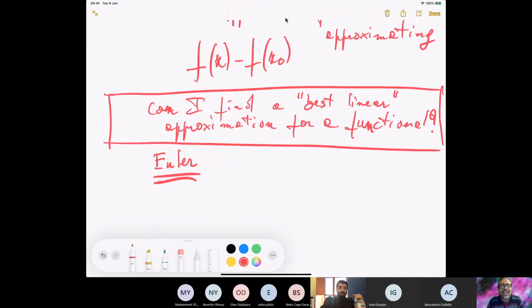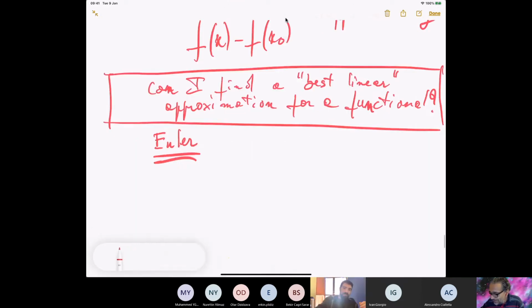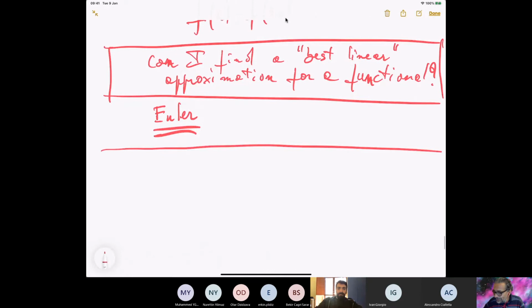Okay, so at the end of the story, Euler gave the star of quality to the result of Lagrange, and now we call the result, I will show you, the Euler-Lagrange conditions.